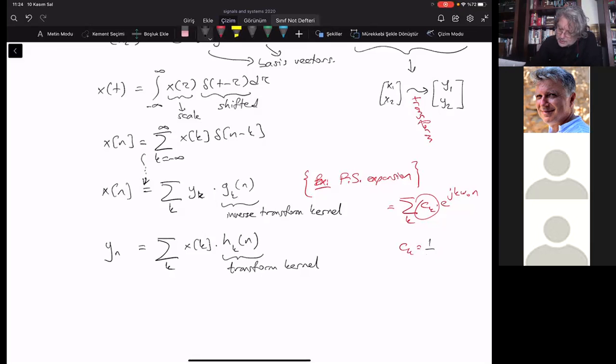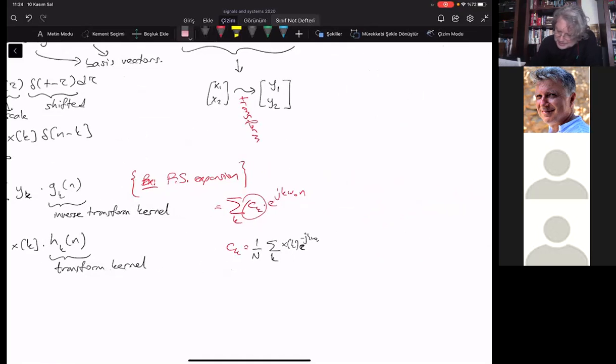So let's write it like 1 over N, summation over k of x of k times e to the minus jk omega 0 n. I have an extension, I can extend the page.